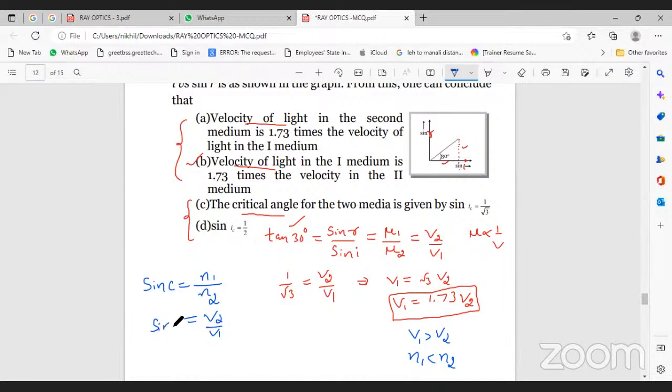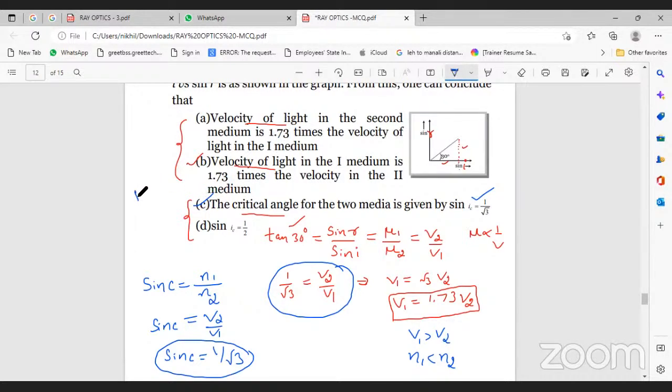So sin C is equal to V2 by V1, which is 1 by root 3. So sin of the critical angle is also 1 by root 3, so even option C is correct.